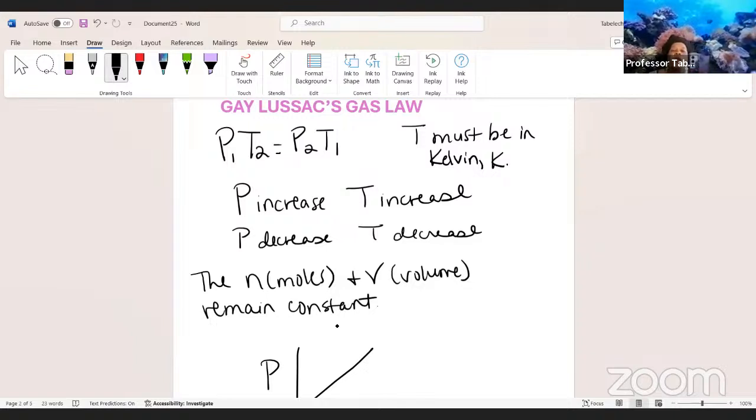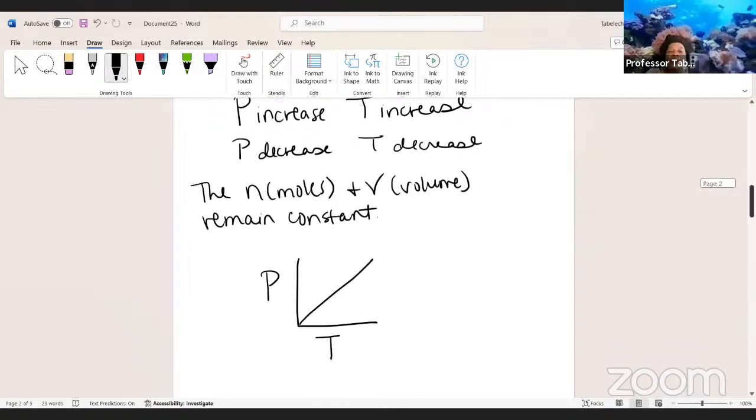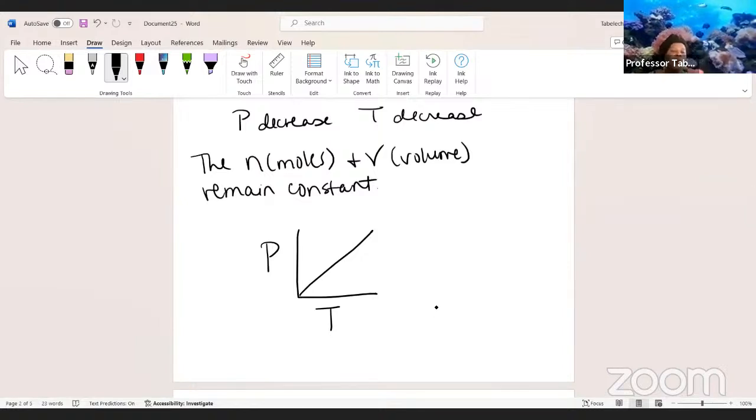The moles and volume will remain constant. These are the two variables that remain constant with Gay-Lussac's law. Because pressure and temperature are directly related, you're going to have a straight line.